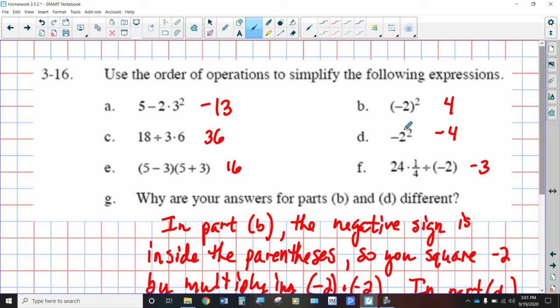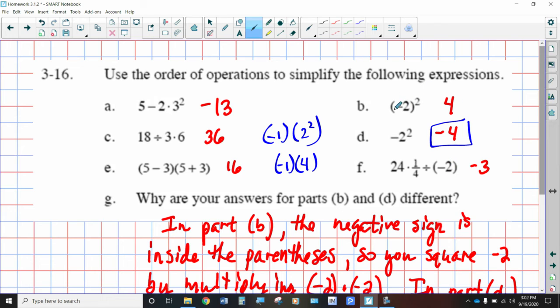Since multiplication has a lower priority than exponents, that means we have to do this multiplication after we have taken 2 squared. So 2 squared is 4, and now we're going to take -1 times 4 to give you -4.